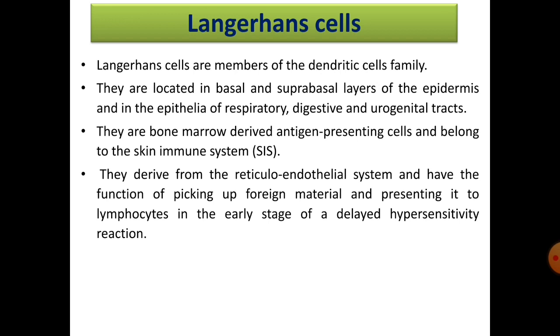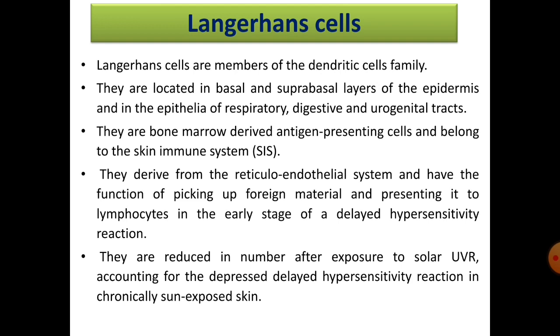They derive from the reticuloendothelial system and have the function of picking up foreign material and presenting it to the lymphocytes in the early stage of a delayed hypersensitivity reaction.